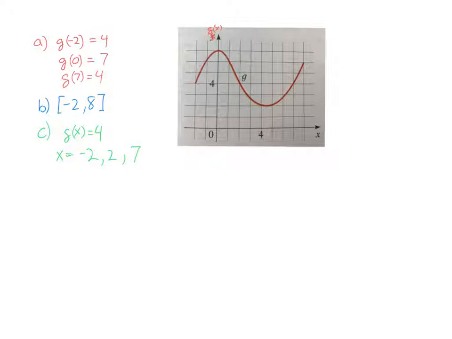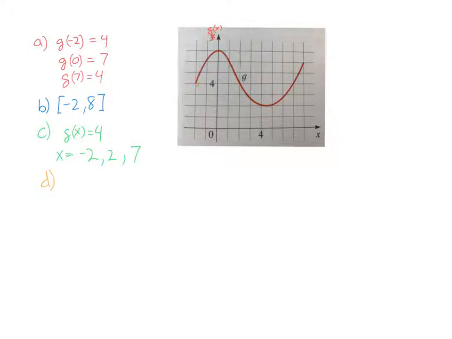Now let's do D. D says, find the values of x for which g of x is greater than 4. So pretty much what I'm doing is I look at 4 and I want to know where g of x is going to be bigger than that. So it looks like it's going to be between here and here because that's all bigger than this right here.